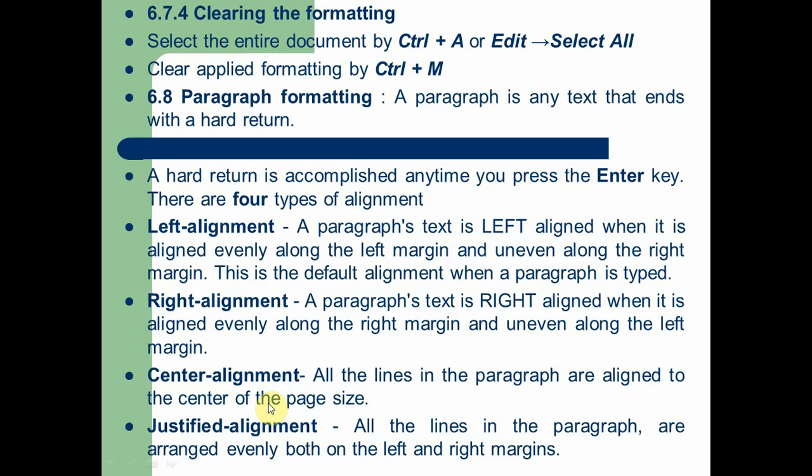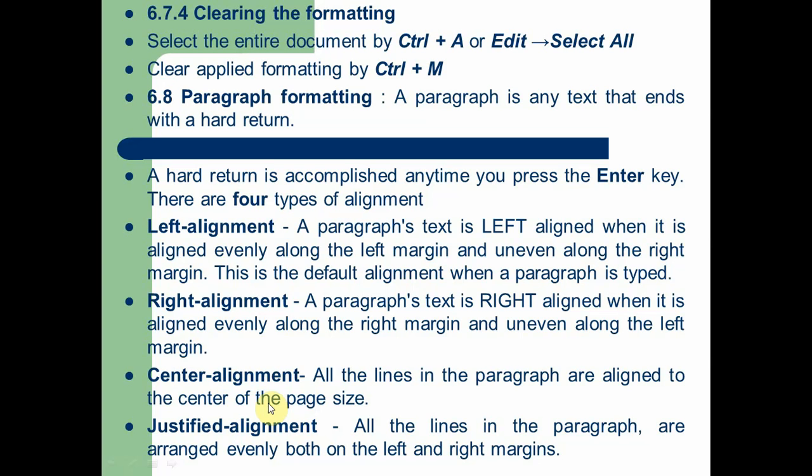So whenever we use the Enter key, at that particular point a hard return is applied. This hard return is also called hard formatting. Based upon the number of Enter keys which we press, OpenOffice Writer identifies the number of paragraphs. It means whenever you press the Enter key, OpenOffice Writer considers that it is the end of the paragraph.